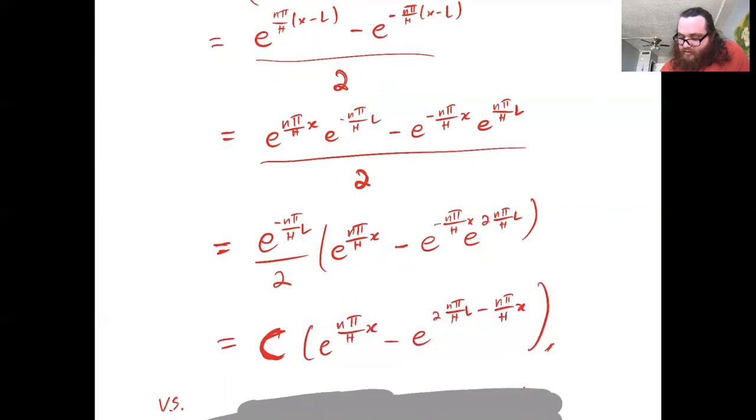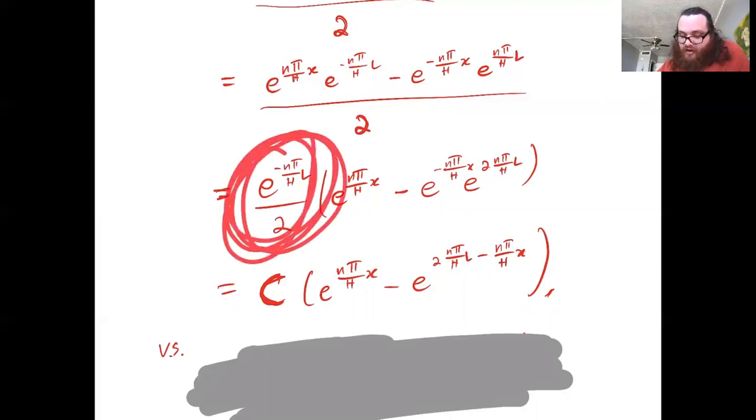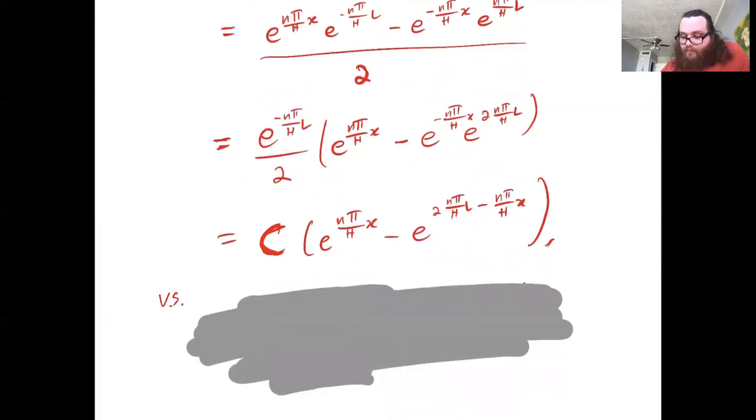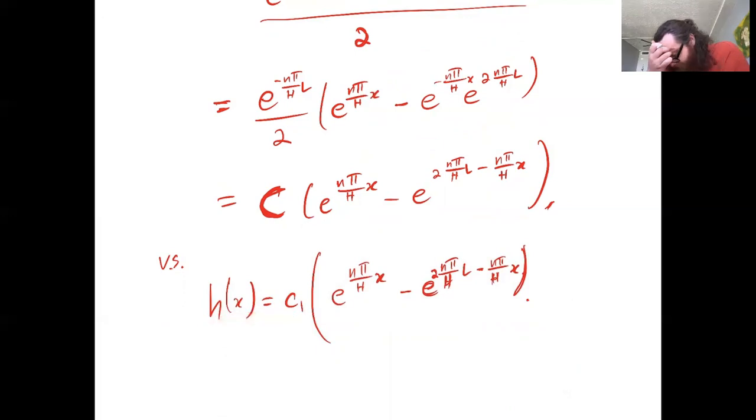From this, we recognize that this is just some constant right here. Technically it depends on n, but this is just some real number. And then this is some other function of x. Compare that to what we had before, where our solution h of x is some constant times this function right here.